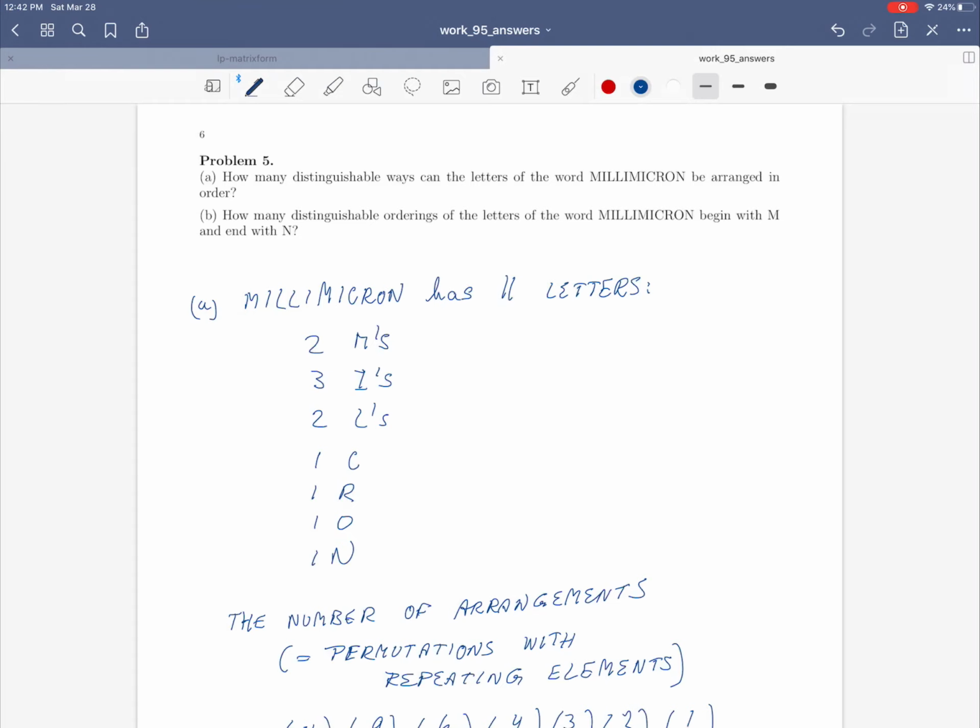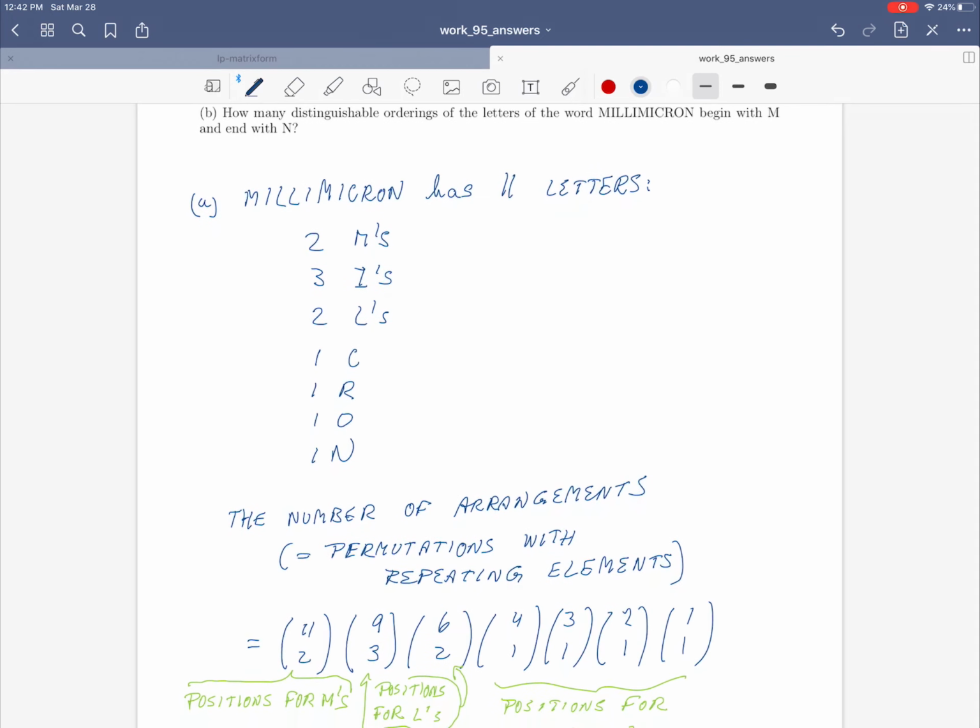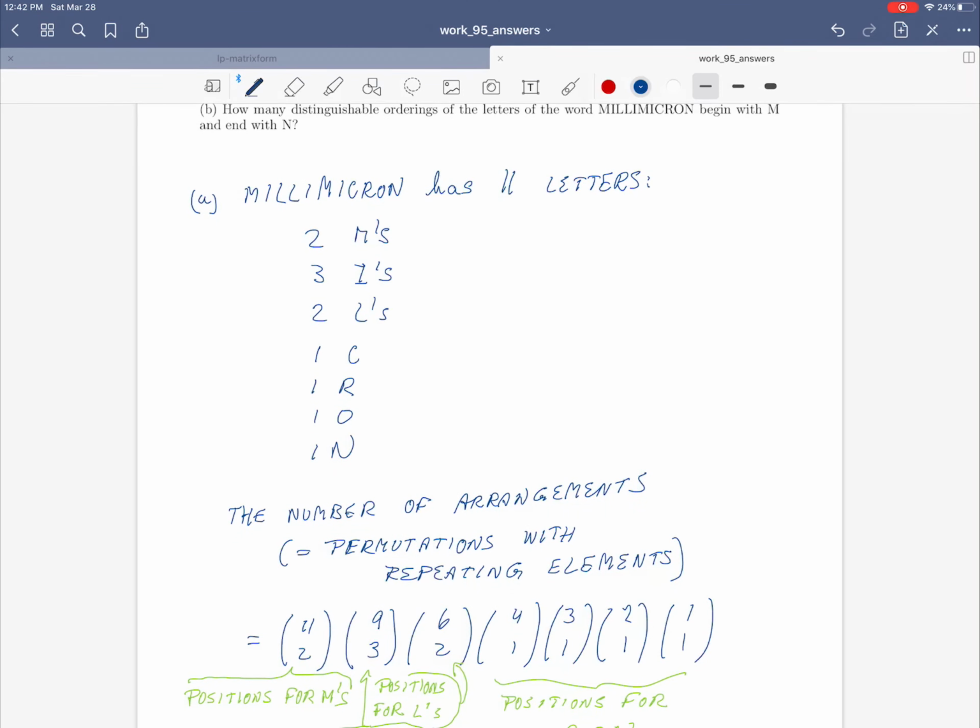Let us do some inventory. Millimicron as a word has 11 letters, and it has 2 M's, 3 I's, 2 L's, and one of each C, R, O, N. So we will count how many arrangements we can make by building the arrangements of the 11 letters letter by letter.